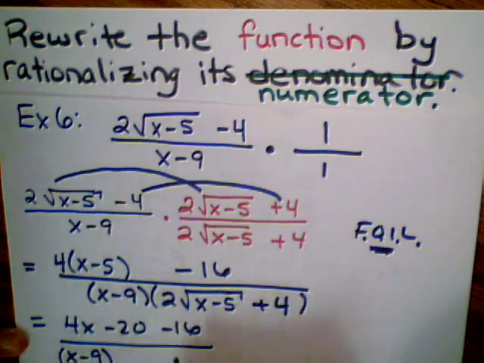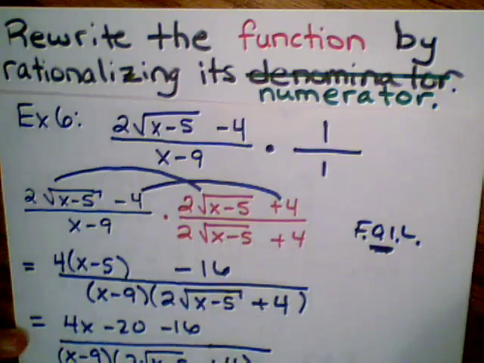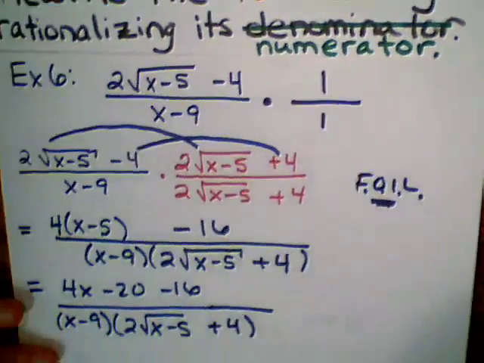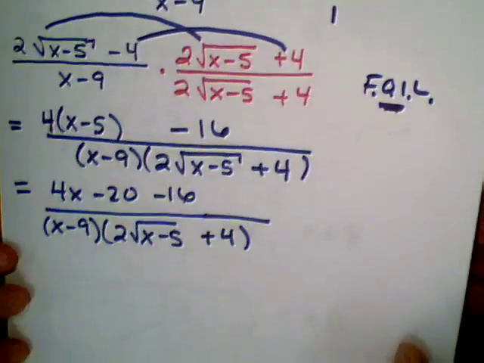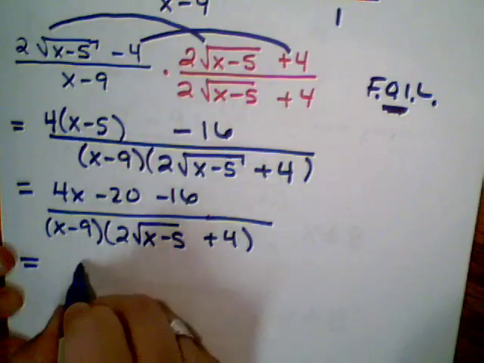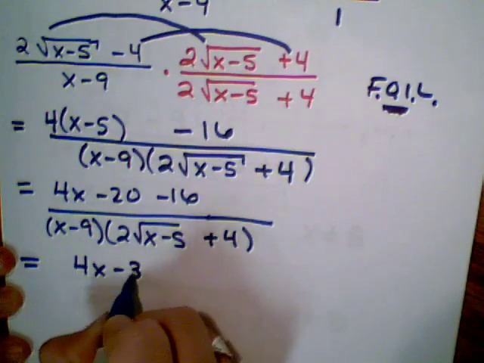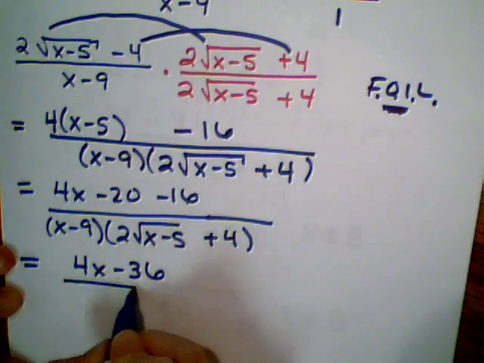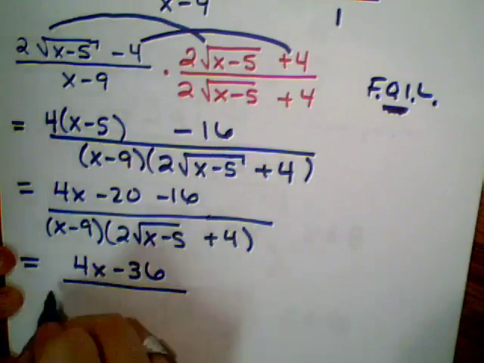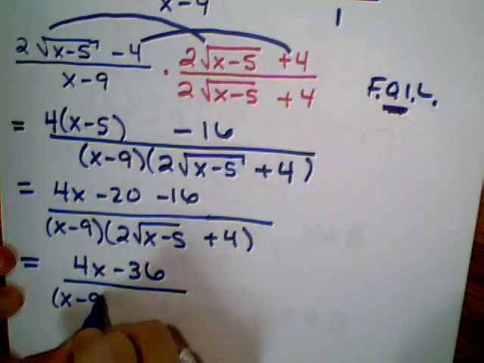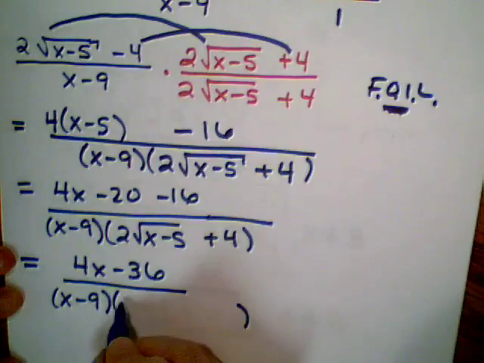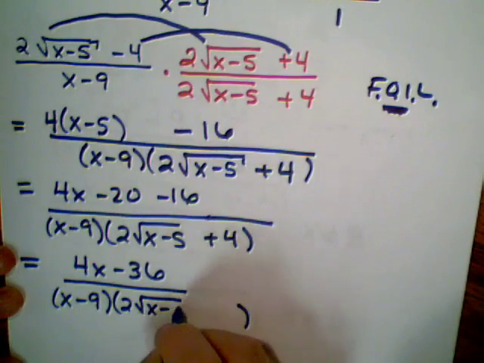I'm going to keep the denominator factored as I had before. And we learn to look for something that may cancel top and bottom. It may not. So I collect like terms and I get 4x minus 36 on the top. So that looks like it might be related to my factor of x minus 9 in the bottom.